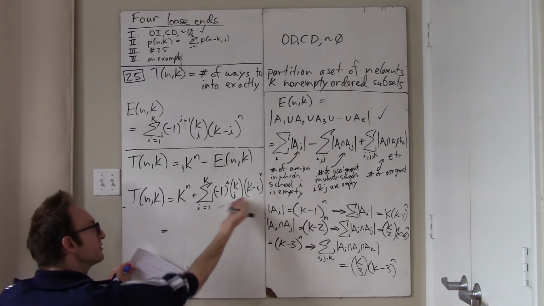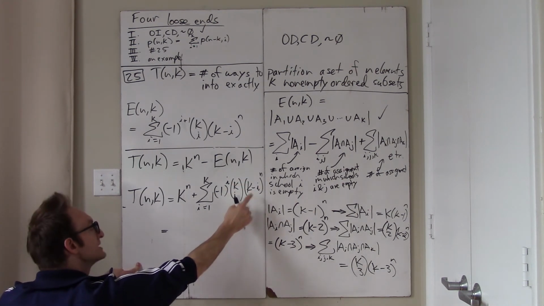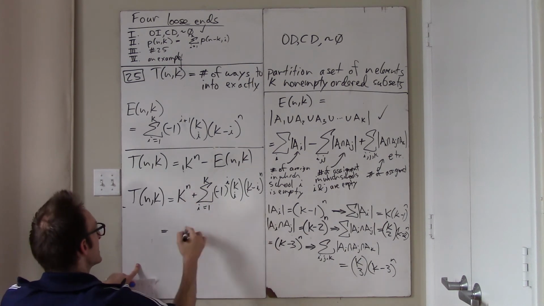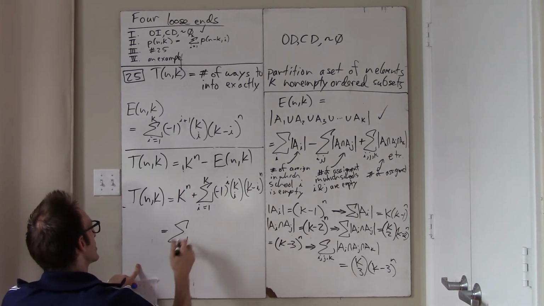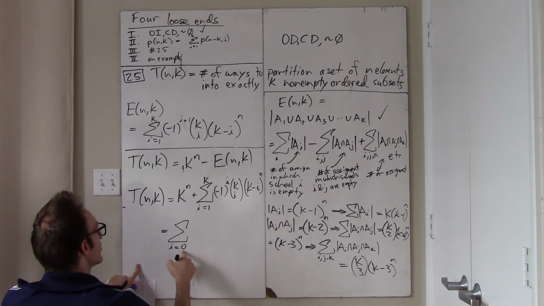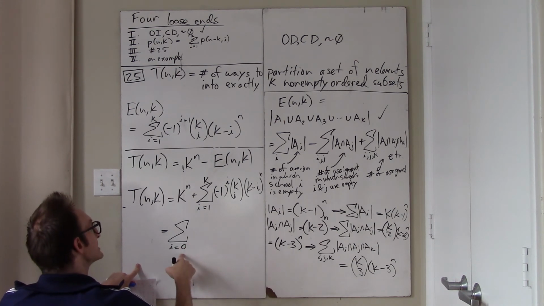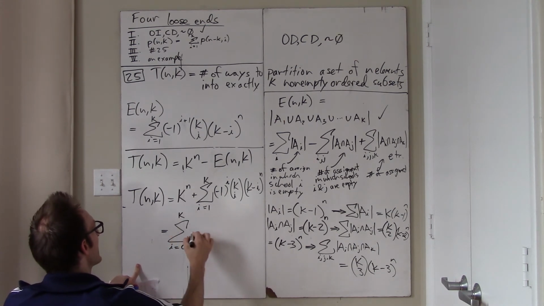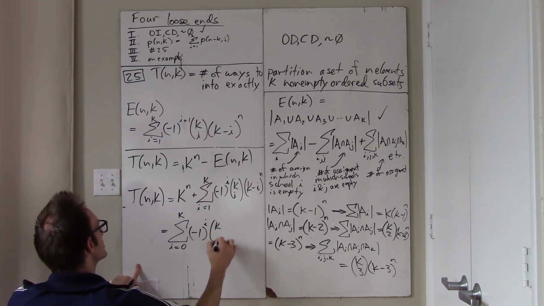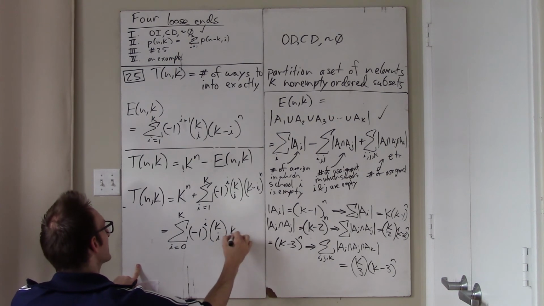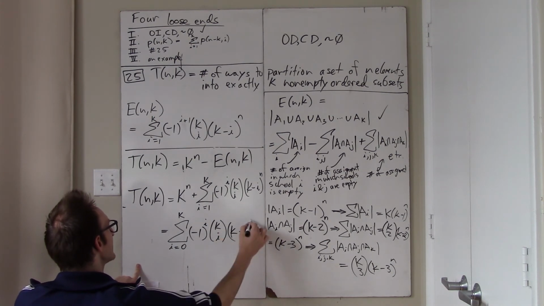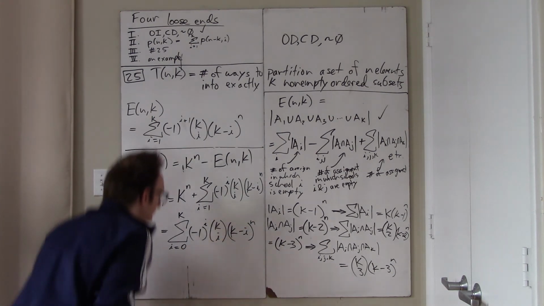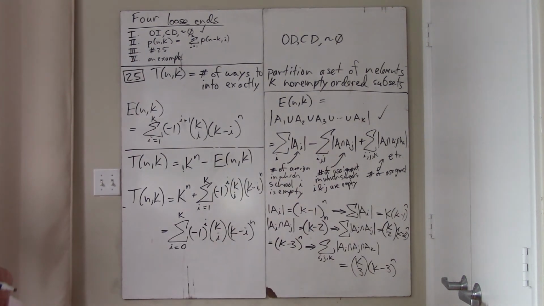In other words, if you set I equal to 0 in this formula, you get this. And so you can write this more succinctly, but possibly more obscurely, as I equals 0 to the k, -1 to the I, k choose I, k minus I to the n. And when I is 0, you just get that first term.